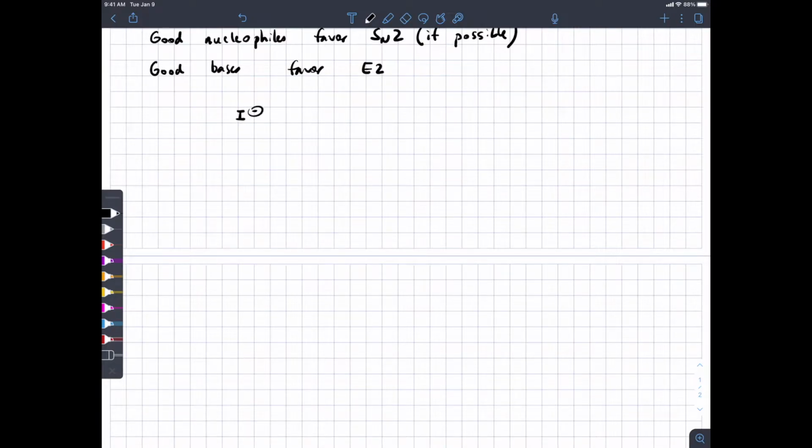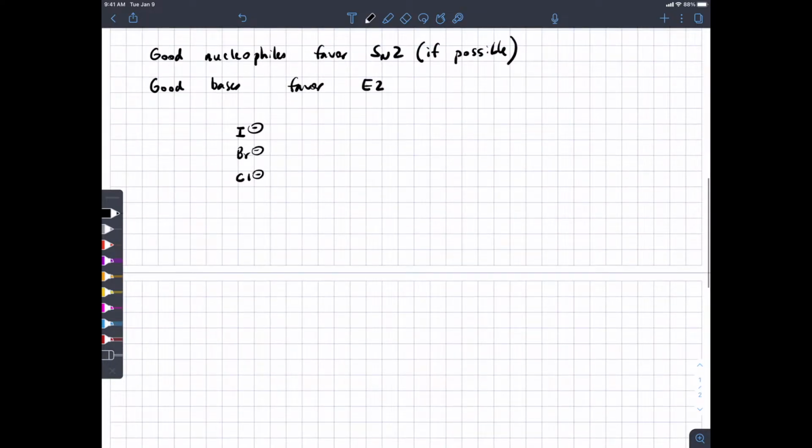So I minus, Br minus, Cl minus. We can look at the pKa's of their conjugate acids. HI is the conjugate acid, pKa is minus 11, minus 9, minus 7 for HCl.